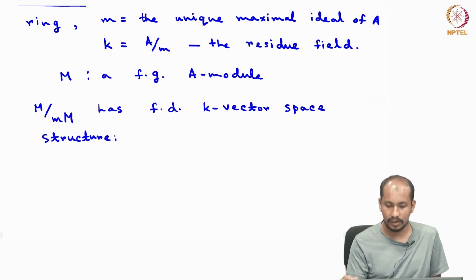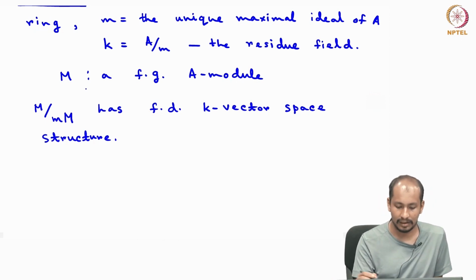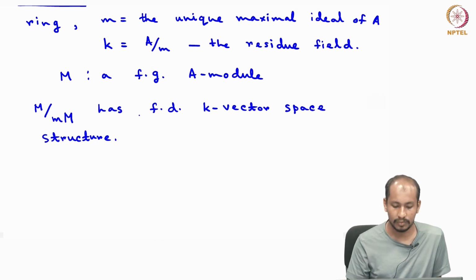This is easy to see because this maximal ideal m annihilates this A module M mod mM. So we can think of M mod mM as a k vector space, and this is finite dimensional because M is a finitely generated A module.